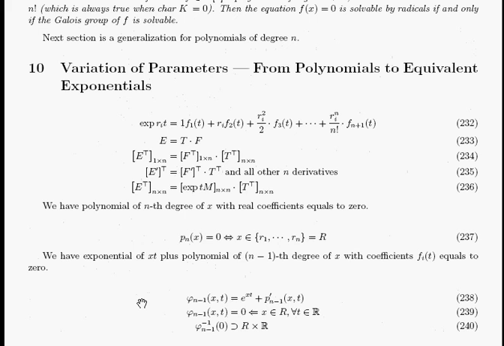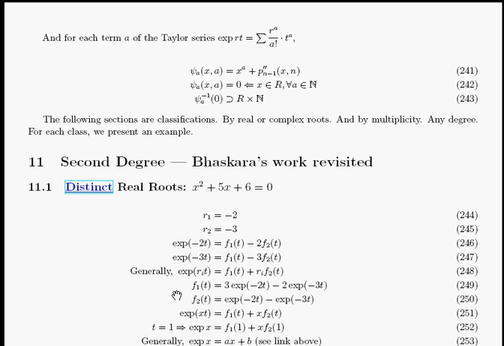We have a set of roots R1 and R2, Cartesian product with R, when T is in R, equals 0. It's a family of the same equations.